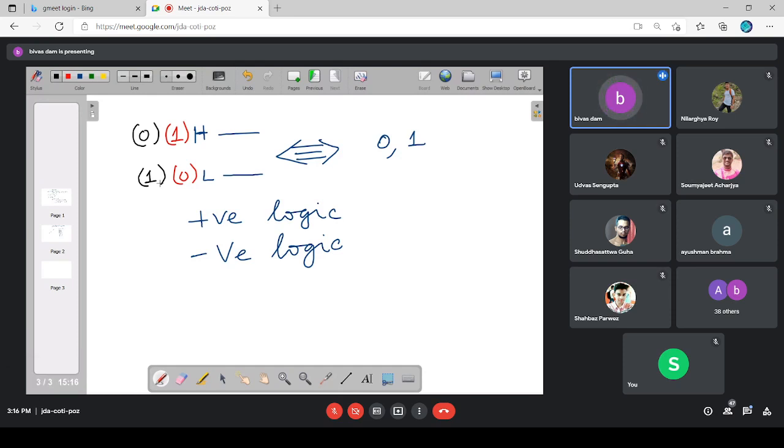Similarly, the lower voltage level or the lower current level is associated to the logic 0 value in the logic domain. That's in the positive logic. And the negative logic is just the reverse one. Hope you get the difference. Or do I need to explain? We got it, sir. Fine, thank you.